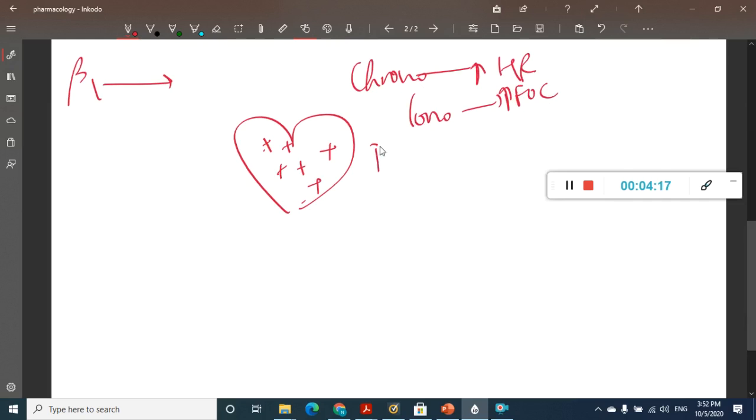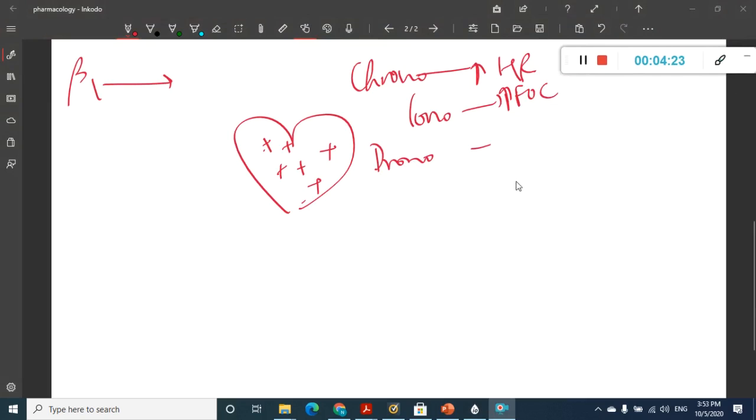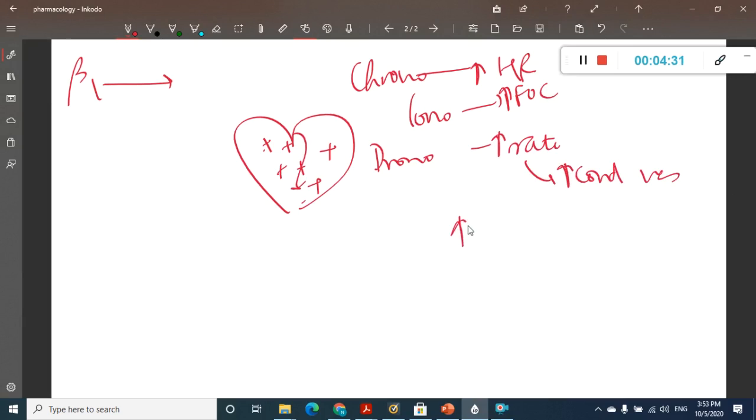It has a dromotropic effect, which increases the rate of conduction of the impulses, and as a result increases the conduction velocity. Because it increases the conduction velocity, it decreases the refractory period. This is Gs, an adenyl cyclase receptor.